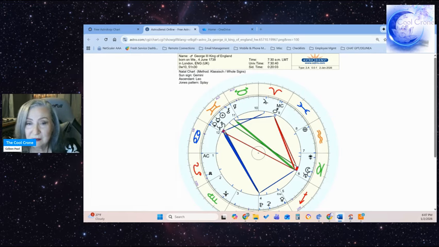Conjuncting Neptune, illusion, spirituality, foreign things, imagination, deception. Conjunct Mercury, which is your communications, your ability to both give and receive them, the hands, your mind, everyday routines. And Chiron, where you are wounded and need to heal, your ability and attitude toward healing others, your connection to the other world versus spirituality, just things that are beyond.